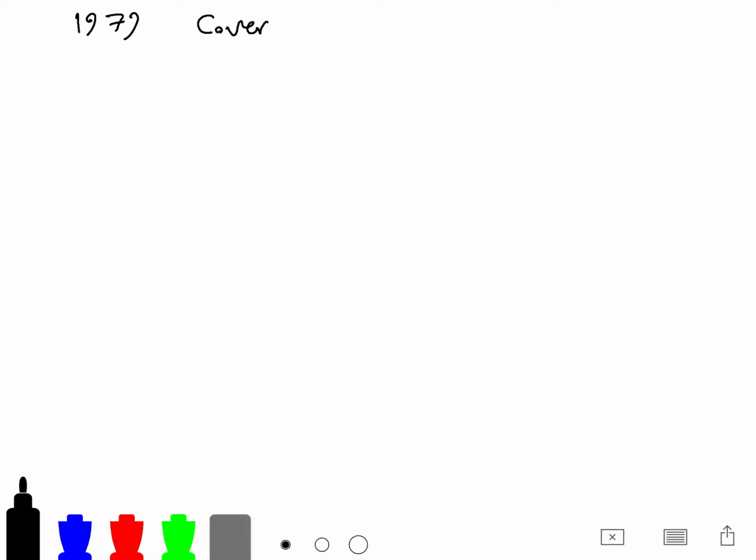And in 1979, the concept of cover time. The cover time of a graph is the first time at which the random walk has visited every node at least once. And it's work by Ding and Peres in 2011.